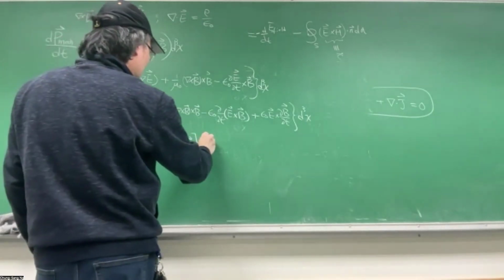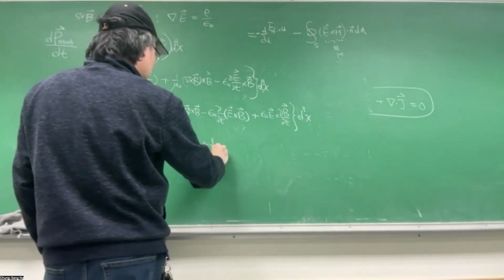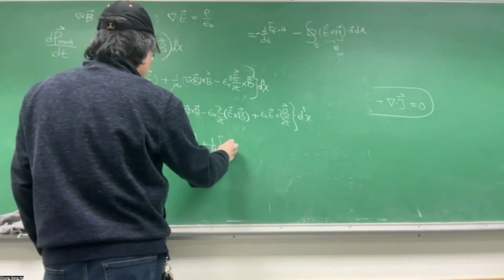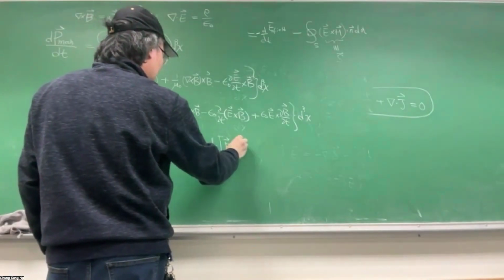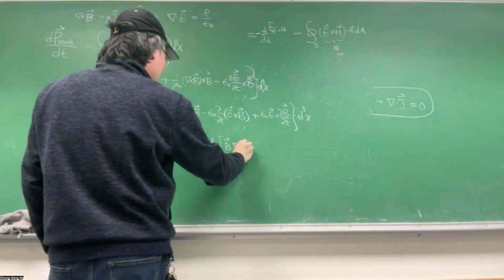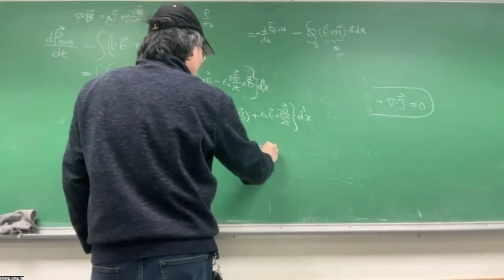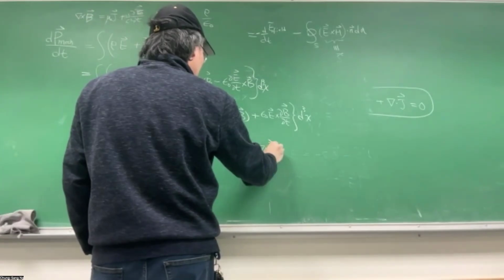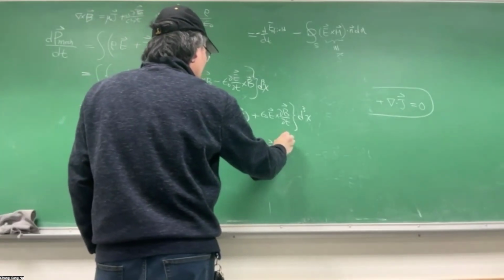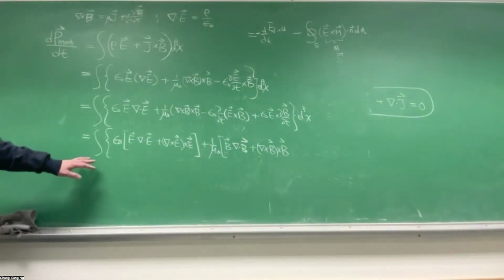So basically, the second term is, because then one of them is 0, you have B divergence B plus curl B cos B. Okay.